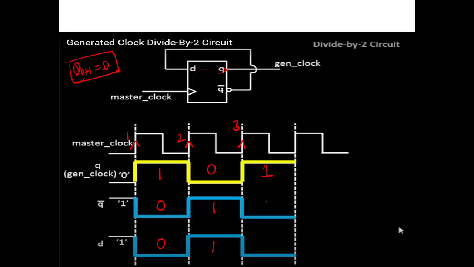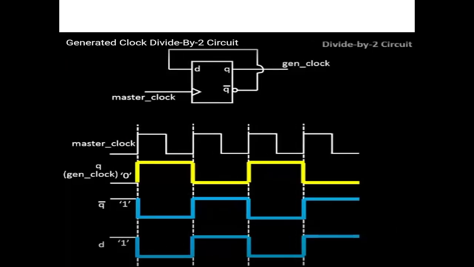As this is 1, Q bar becomes 0. Q bar is connected to D, so D becomes 0. During the fourth clock pulse, after the first, second and third pulses, this is 1, 0, 0.